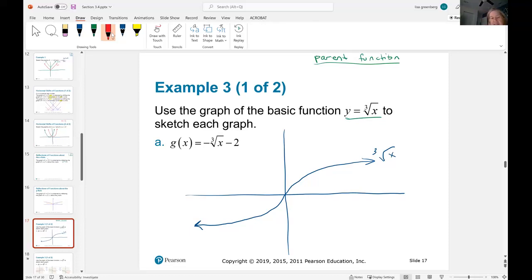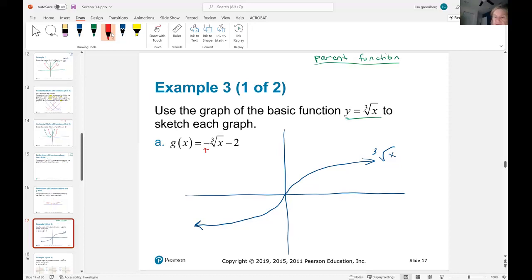Then the next thing I do is I make it negative. I don't subtract 2 and then make it negative. I say 1 and it becomes -1, minus 2, right? So the next thing I do is make it negative, which means I'm flipping, and that's vertical because it's outside of the function, which means I'm going to flip it over the x-axis.